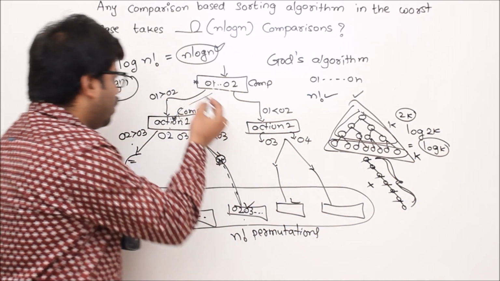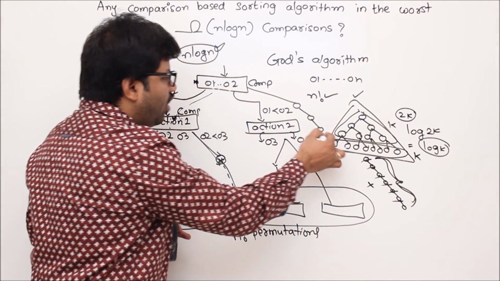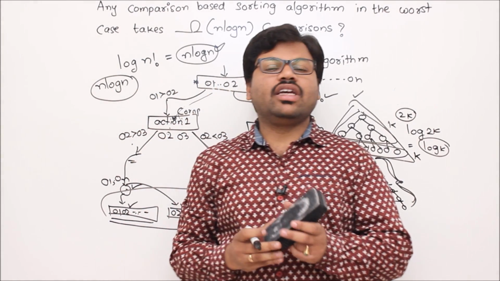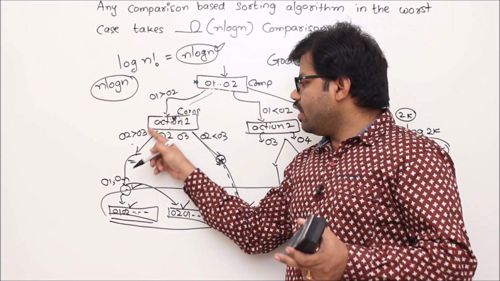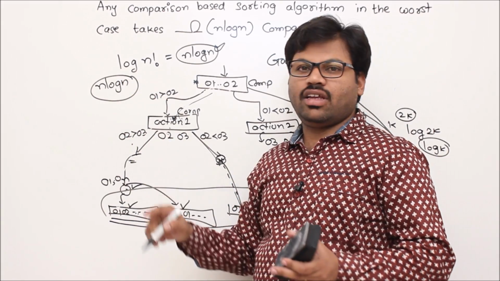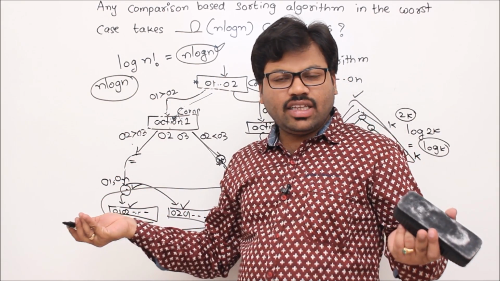Maybe sometimes you can escape some of the comparisons, but not always, correct? In some cases, you have to go through a lengthier path, the lengthiest path, that is the height of the tree. Why? In the worst case anything can happen.